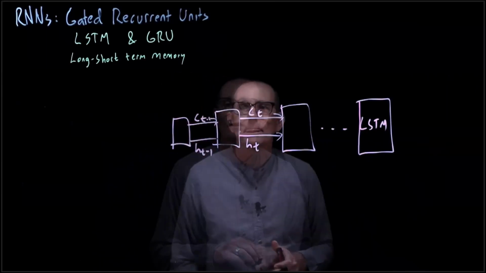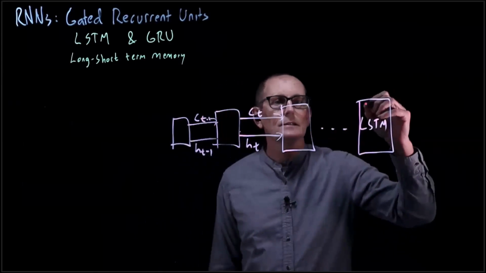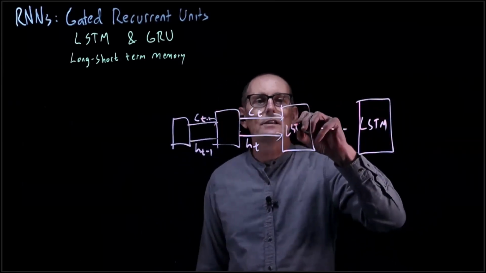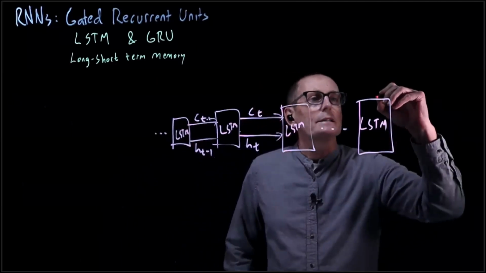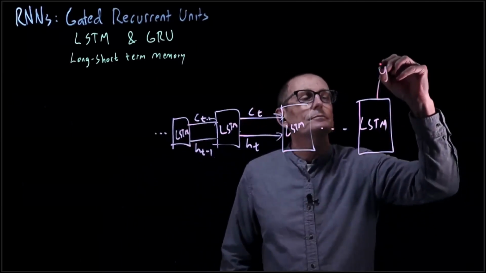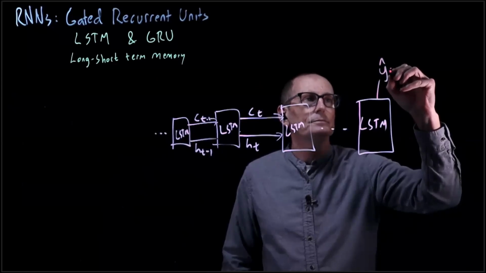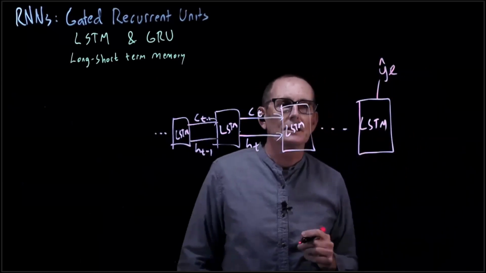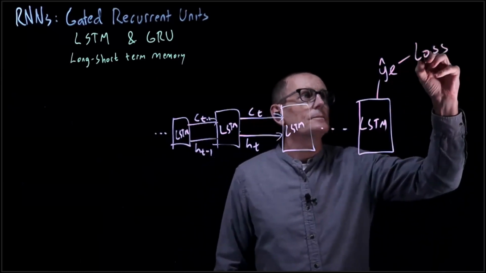Let's say that we have a y hat coming out of here. So this is y hat sub L for our sequence length. And this then, of course, goes into our loss.